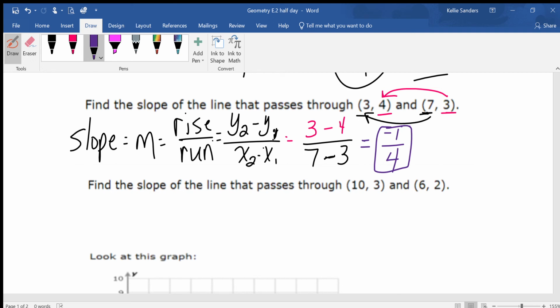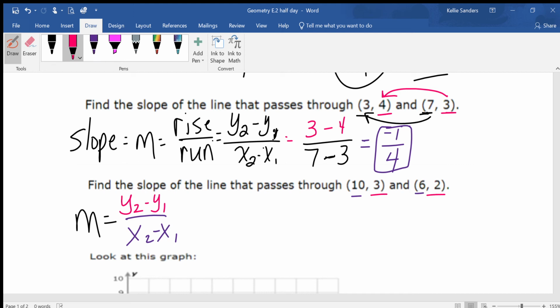We're going to do it again. Slope equals y2 minus y1 over x2 minus x1. Y's, x's. So 2 minus 3 over 6 minus 10.